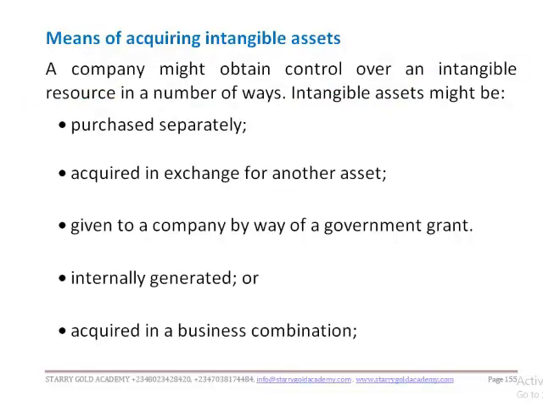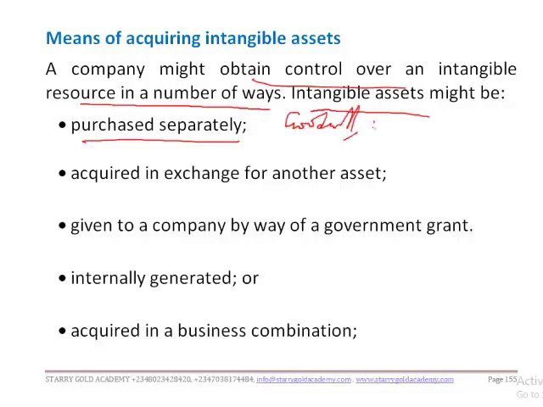What are the means of acquiring an intangible asset? A company might obtain control over an intangible resource in a number of ways. First, intangible assets might be purchased separately, such as goodwill, patents, brands, trademarks and the likes.